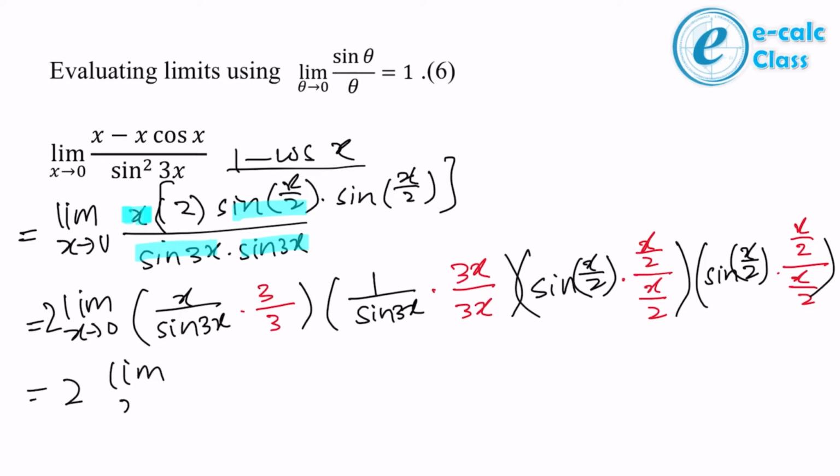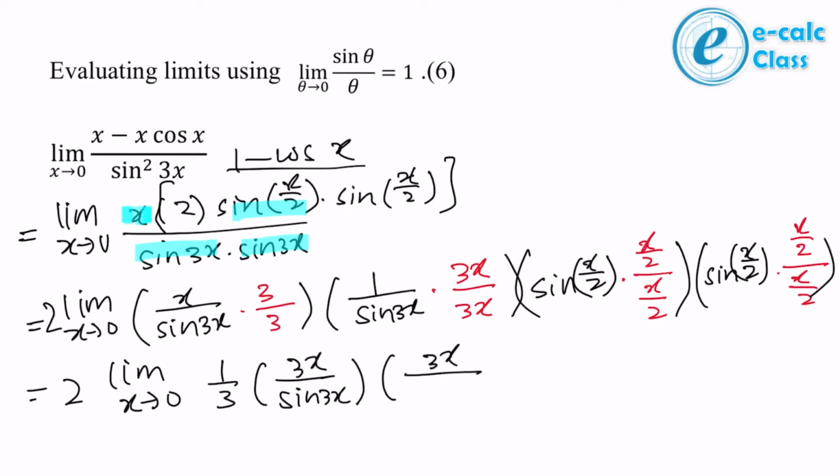Now this is actually 1 over 3 times 3x over sine 3x. This is very nice. And remember this one I haven't settled: sine x over 2 over x over 2.